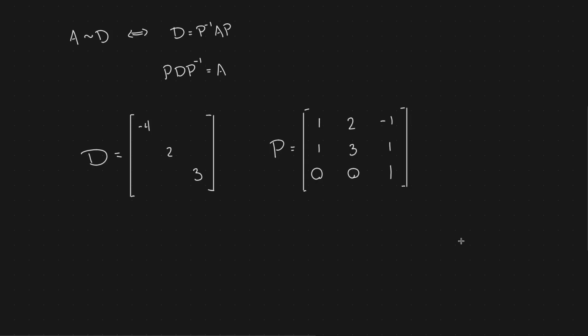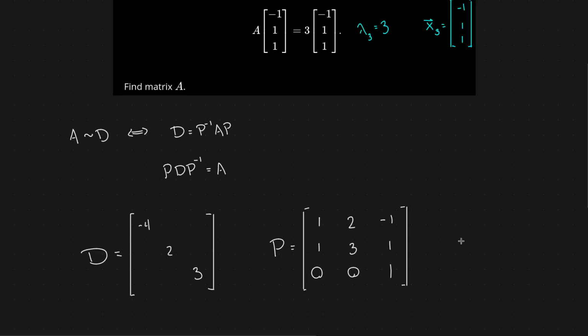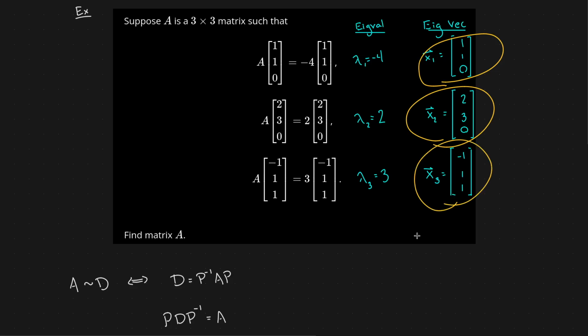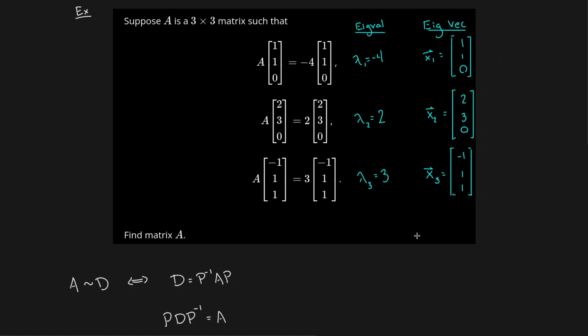Okay, so we have D, we have P. One more thing about matrix P. We have 3 eigenvectors here, okay? Remember that those eigenvectors really form the basis for an eigenspace, right? So there are always going to be infinitely many possible eigenvectors associated with each eigenvalue.